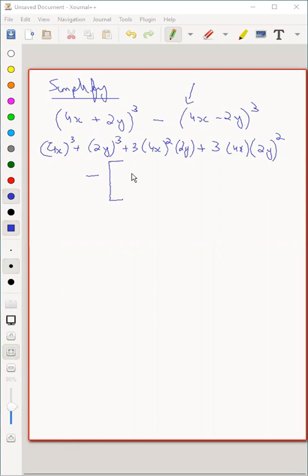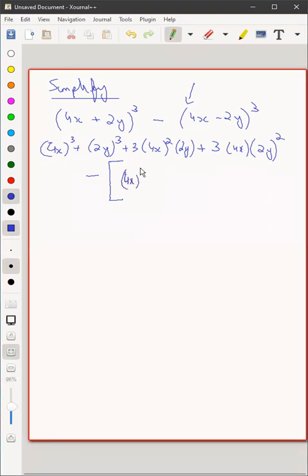Vishwa, second part. Yes, sir. 4x minus 2y, the whole thing cube. So it will be 4x cube. 4x, the whole thing cube. Don't say 4x cube, that will be wrong.